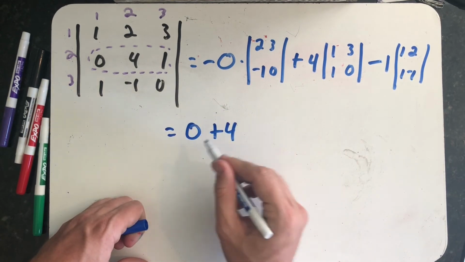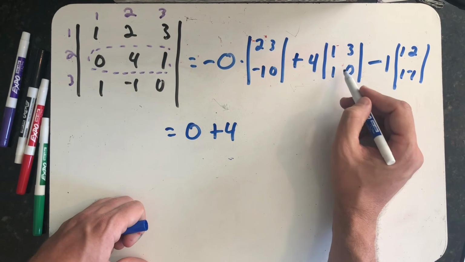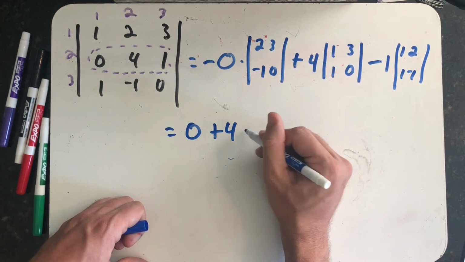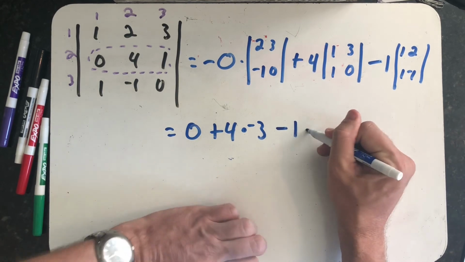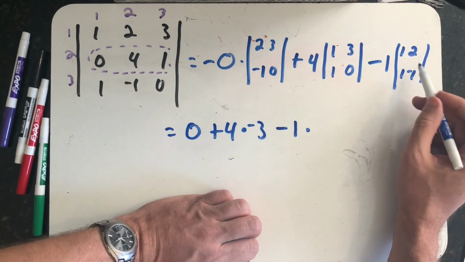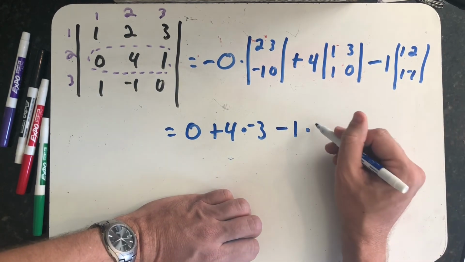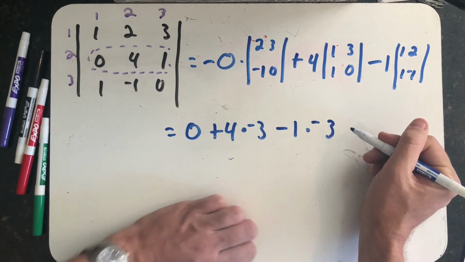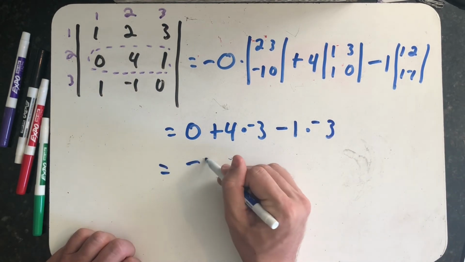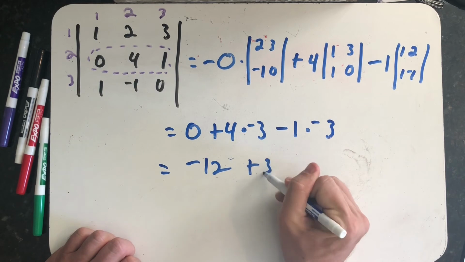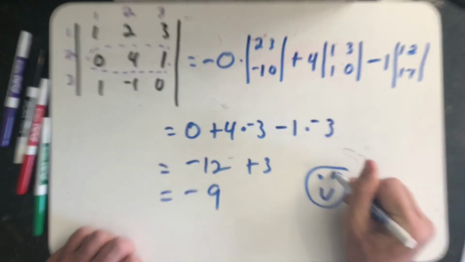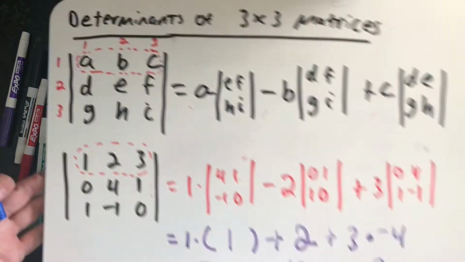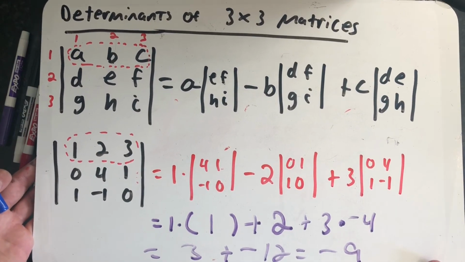All right, so now I have 0 plus 4 times this determinant, which will be -3. -1 times this determinant, -1 minus 2 is -3. So I have -12 plus 3 is -9. And this makes me very happy because that's what we got when we expanded across the top row.